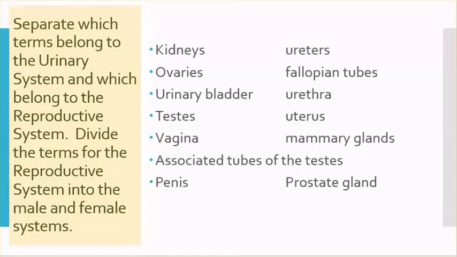Separate which terms belong to the urinary system and which belong to the reproductive system. Divide the terms for the reproductive system into the male and female systems.